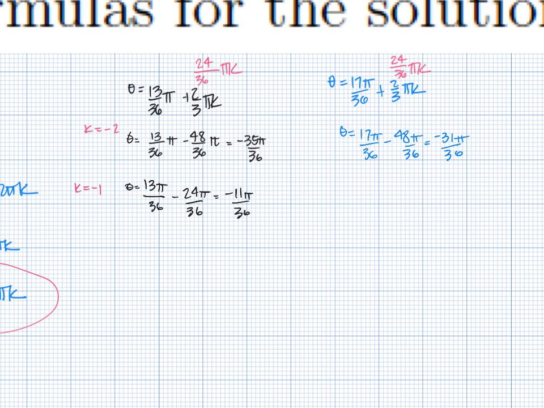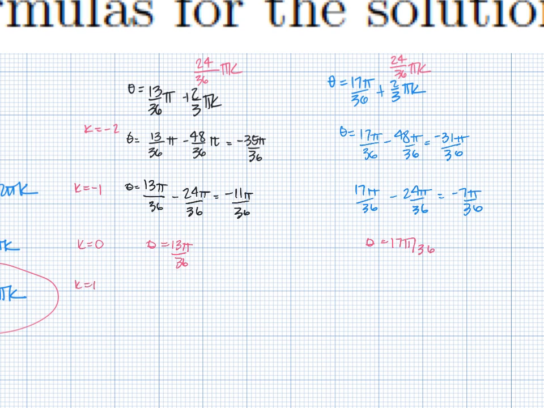And for the blue one, 17 pi over 36 minus 24 pi over 36 should give us -7 pi over 36. We let k equal 0 just to get the ones that we found earlier, 13 pi over 36 and 17 pi over 36.